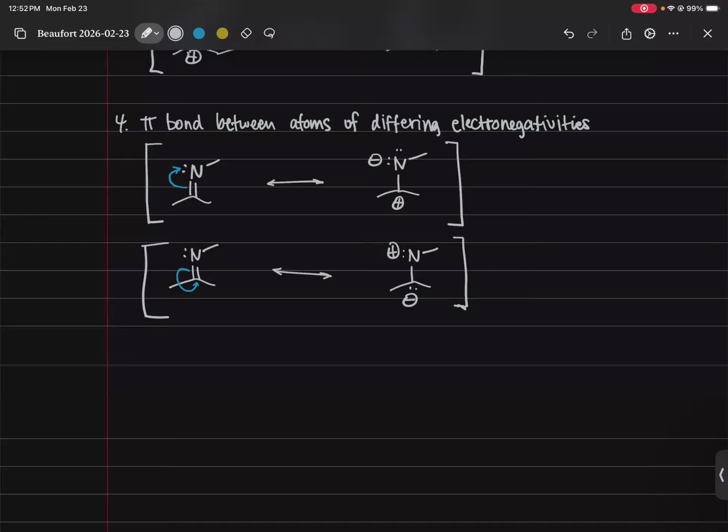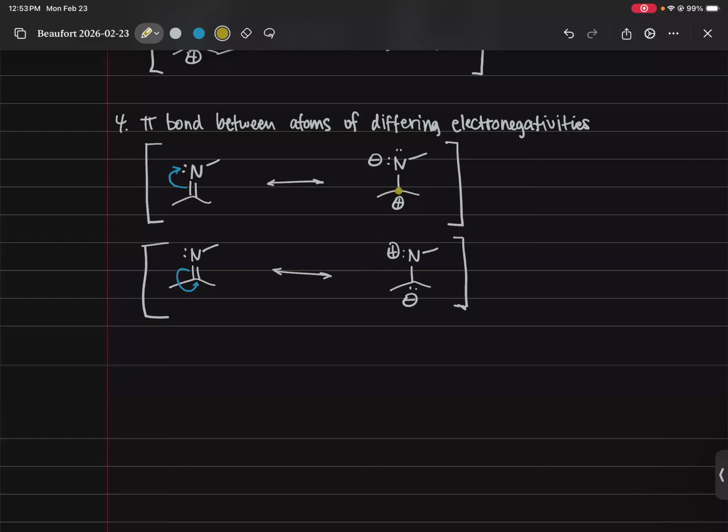And so in the structure on the right, at the top, that nitrogen has a negative charge, and nitrogen is happier with a negative charge than carbon. And in the structure on the bottom, the carbon has a negative charge. Also note that there's an octet issue here with this carbon.